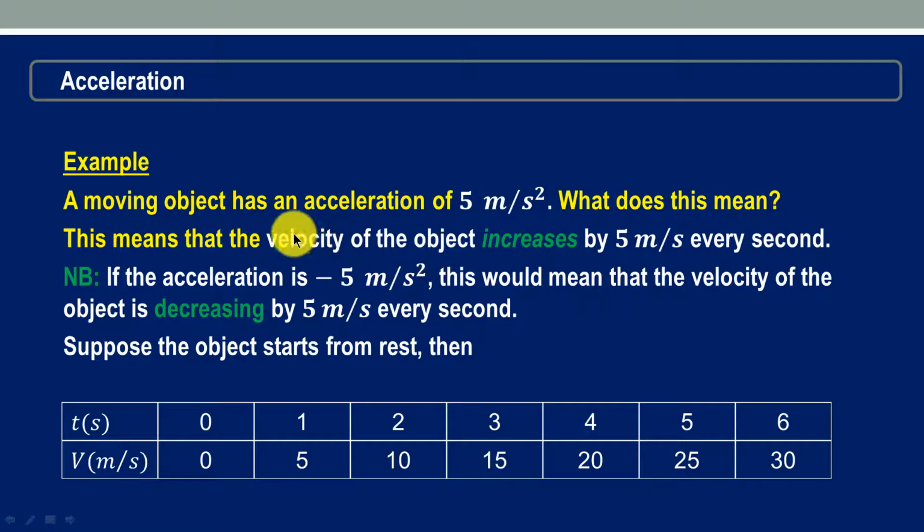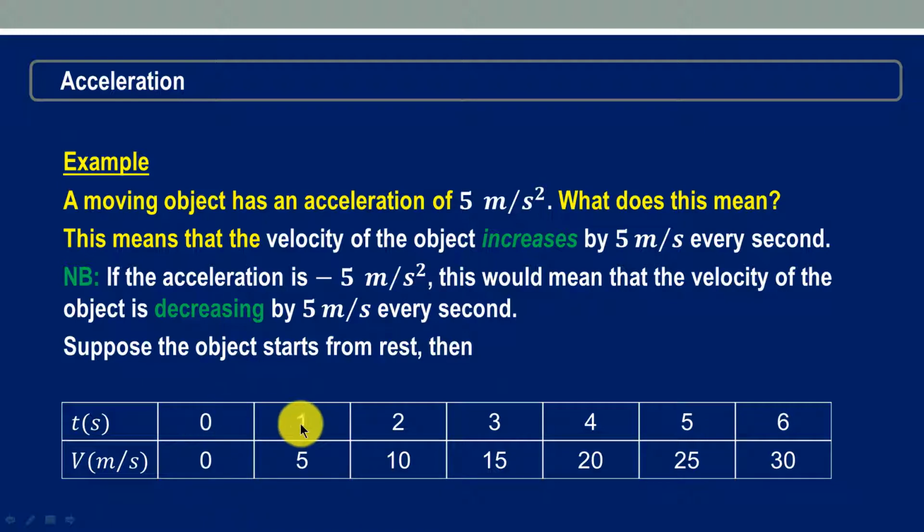You can see from this table, if the velocity is increasing by 5 meters per second every second, suppose the object starts from rest. When the object starts from rest, it means that the initial velocity is 0. When time is 0, then the velocity is 0.